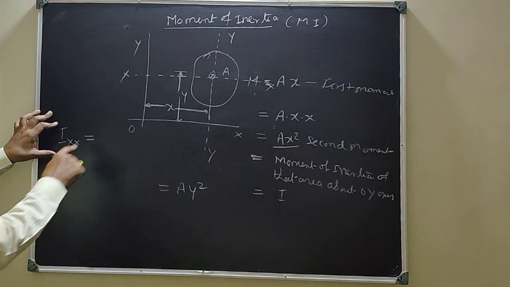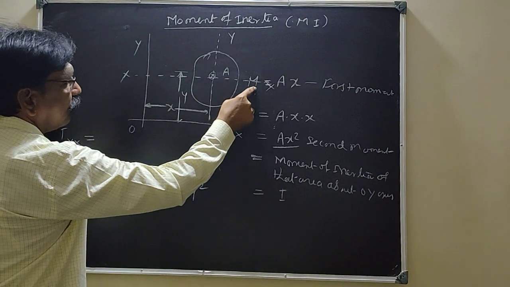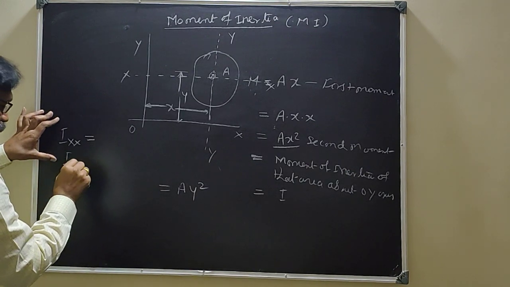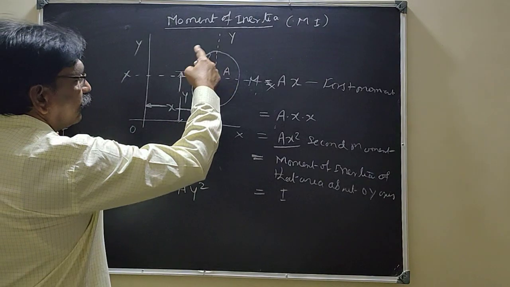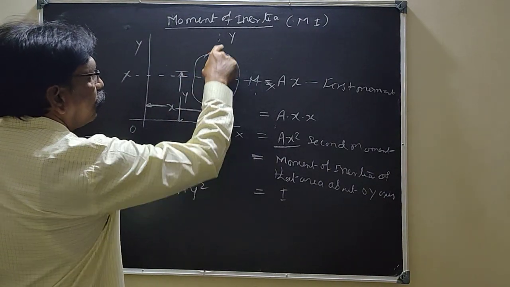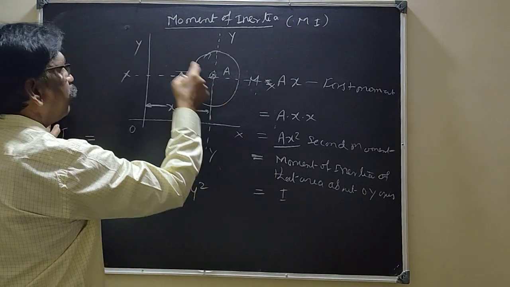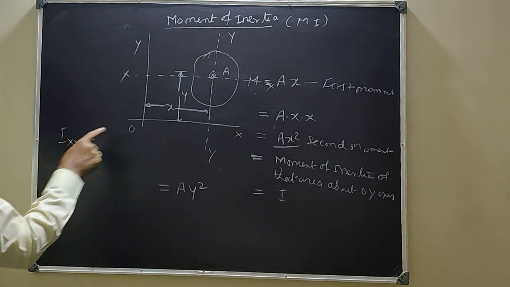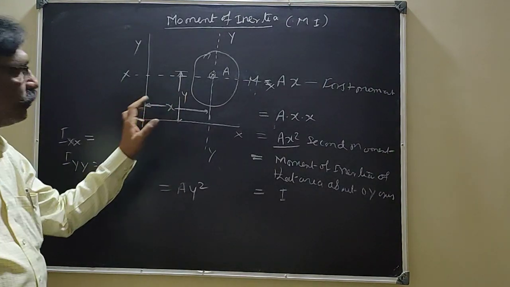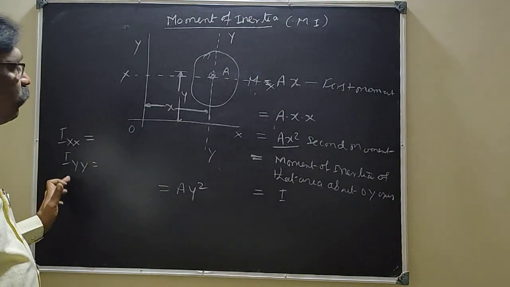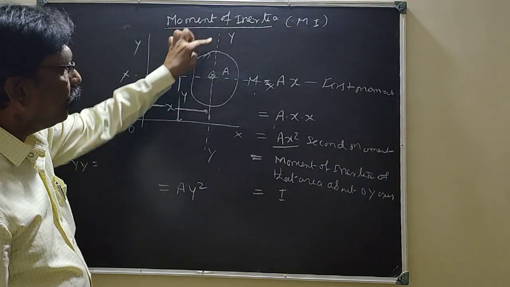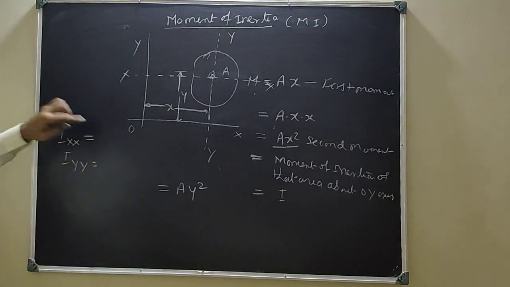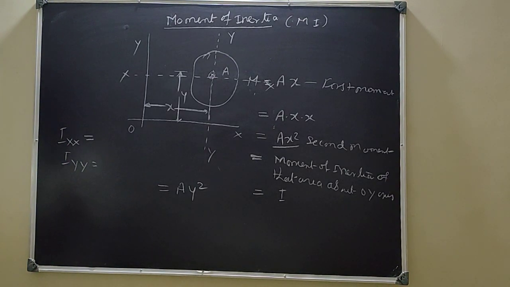Ixx represents the moment of inertia of this total area about its central axis parallel to the x-axis, and Iyy is the moment of inertia of this whole area about the central axis passing through the center of gravity parallel to the OY axis. So this is how we denote it.